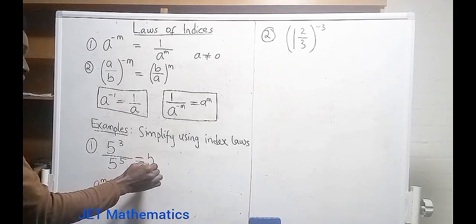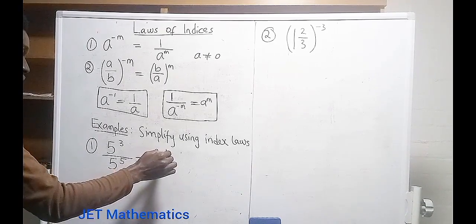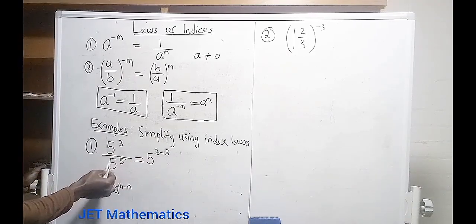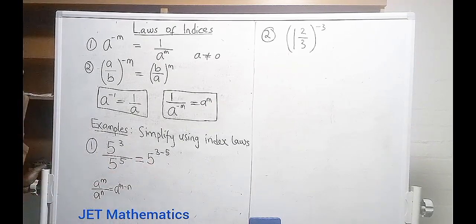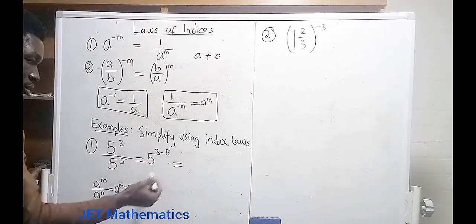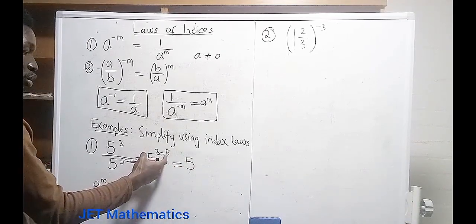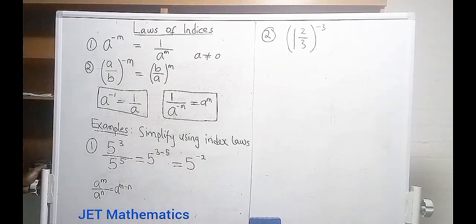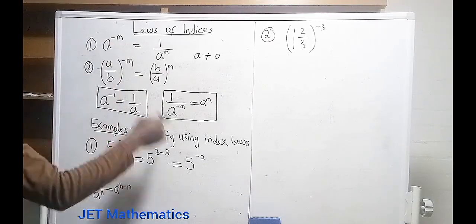We'll say this becomes 5 raised to the power of 3 minus 5. The powers are subtracting. They have the same base and division, so you have this. Then this gives us 5, and then 3 minus 5 is minus 2. You see that? Now we're going to apply this law.